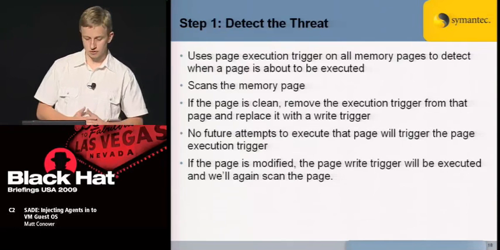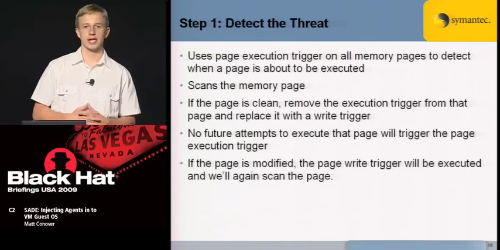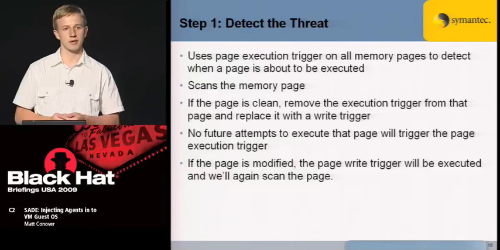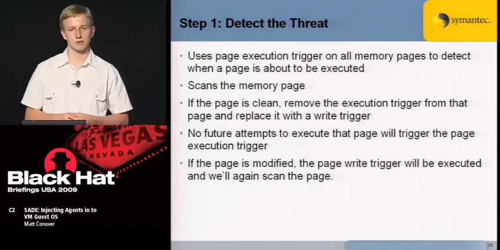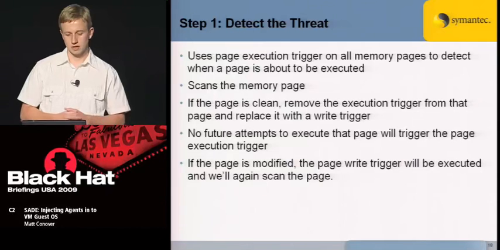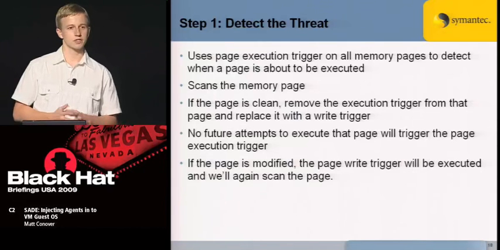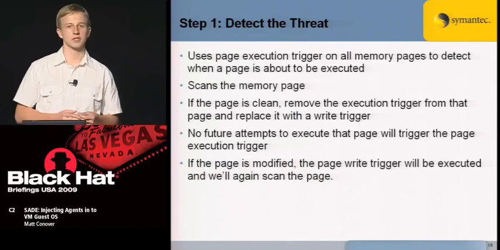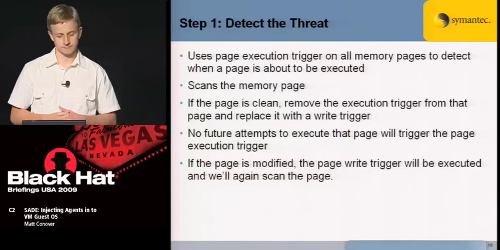Okay. So let me first mention the memory scanning as far as how it works, since it might seem that this would have a high performance penalty, but when you see how it works, I think it would be more clear why it doesn't. So in general, VMsafe gives us a way to put breakpoints on page execution, so that whenever a page is about to execute, but before it executes, we have a chance to inspect that page and take some action.